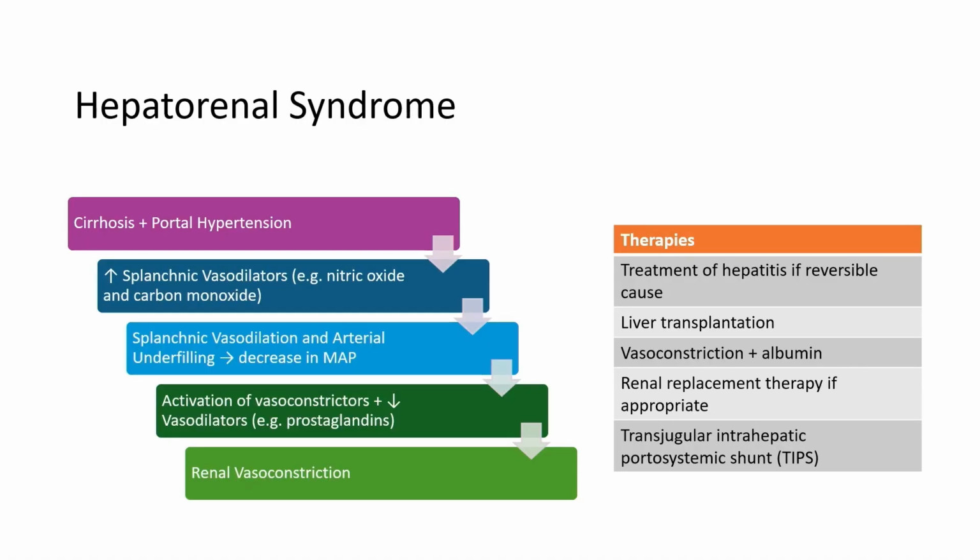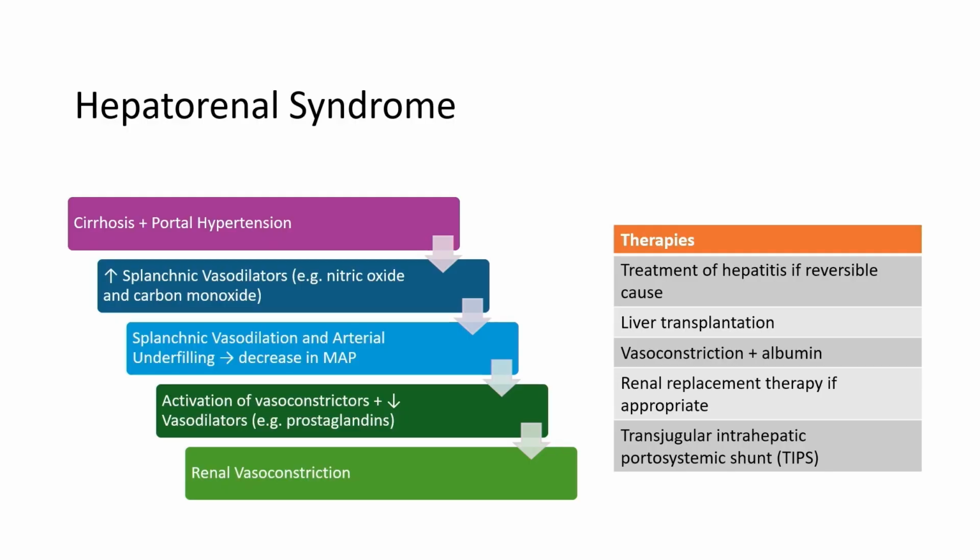But usually we're not biopsying these patients, so we would generally have this as a diagnosis of exclusion where you've ruled out other reasons and the physiology fits the picture. In that situation, you would use vasoconstriction, so that could be midodrine and octreotide or norepinephrine with albumin.